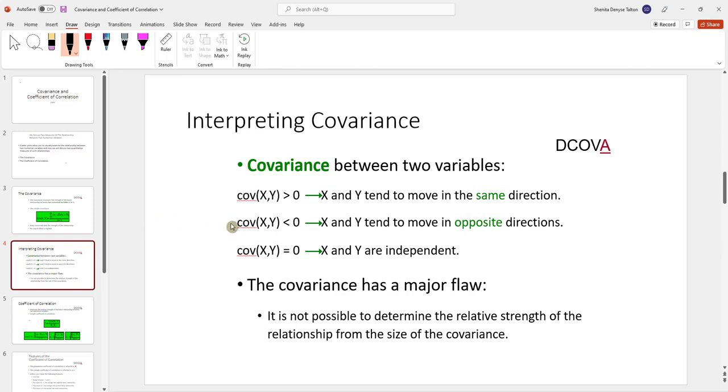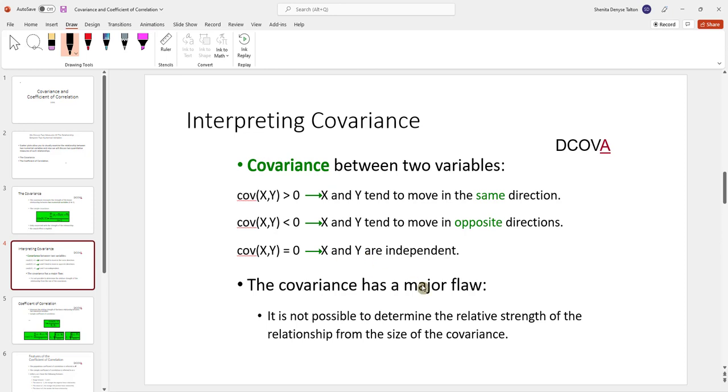If you calculate a covariance less than 0, then that means that your x and y tend to move in opposite directions. So as x increases, y decreases. As x decreases, y increases. And if you calculate a covariance of 0, then that means x and y are independent. It's just random. They're not dependent on each other.